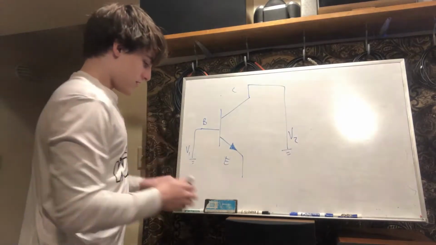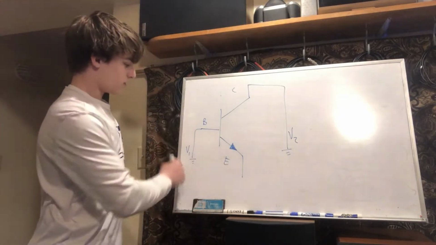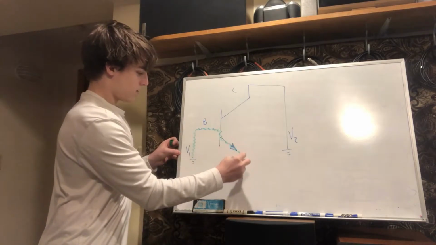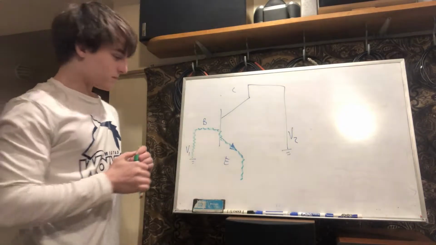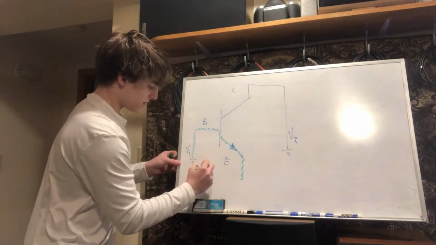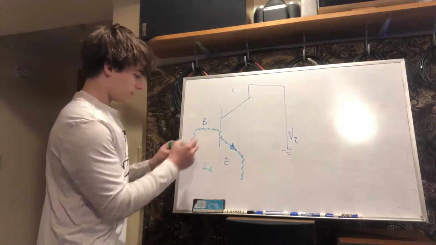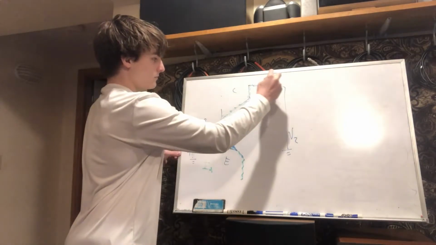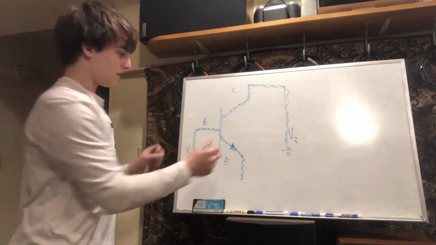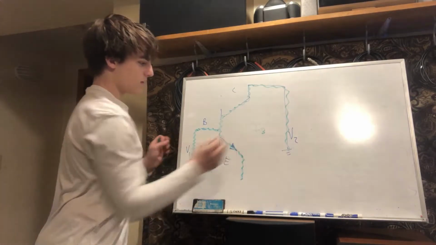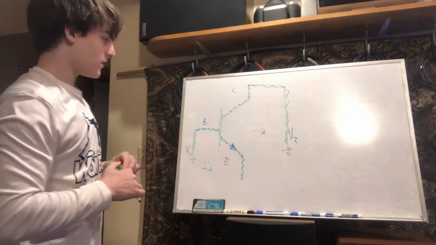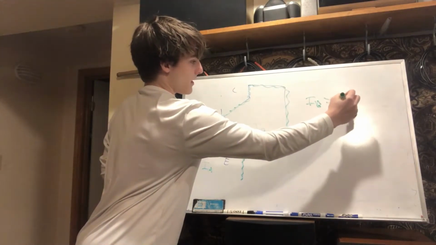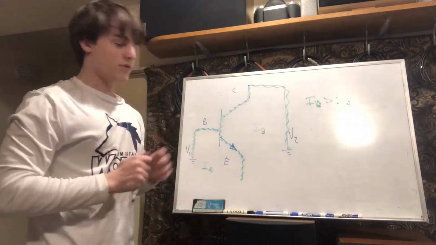Now, in general, as a current is passed through voltage 1 and goes right to the emitter, you can see that path. This path we'll call current A. Likewise, if we shut the emitter off and have it just go through the collector, we can call this current B. Always with a transistor of this type, current B is going to be much greater than current A. And thus we have amplified the current.